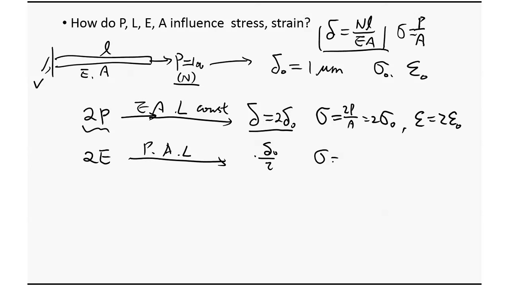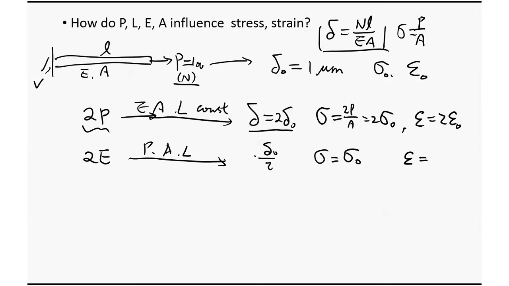Now what about the stress? Here's the tricky part. It's unchanged. Why? Because you have the same load, same area. So this is unchanged. Now, what about the strain? Is strain half or unchanged?